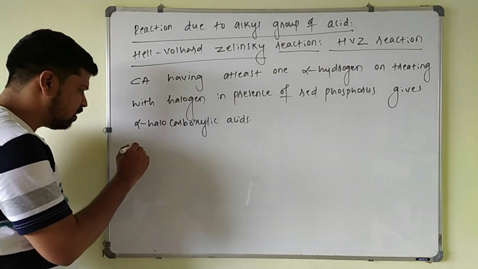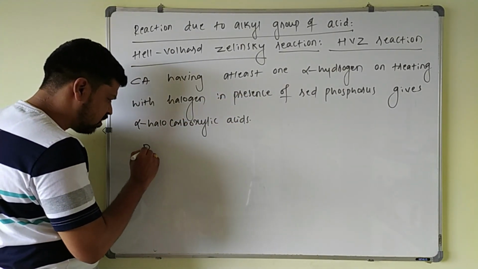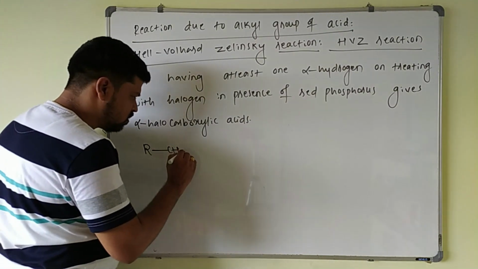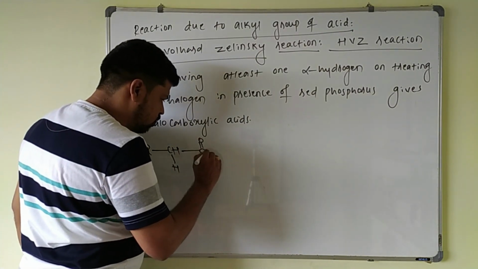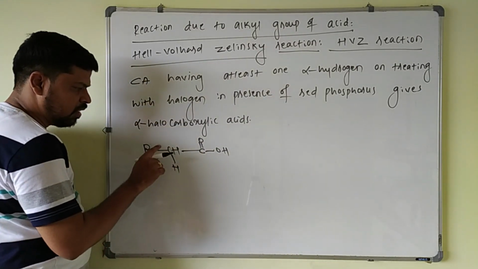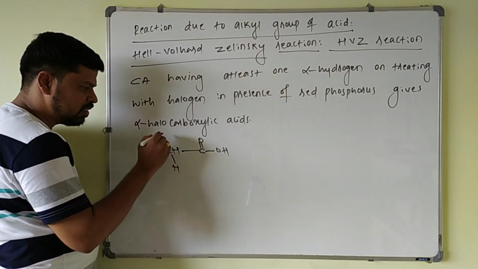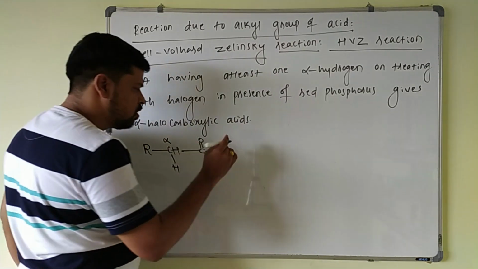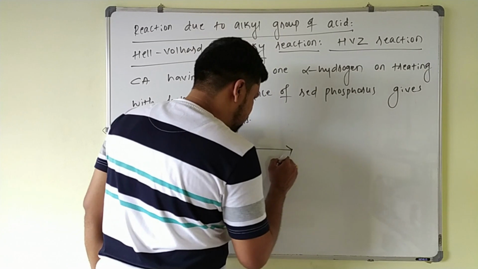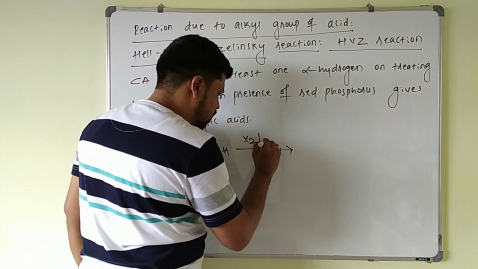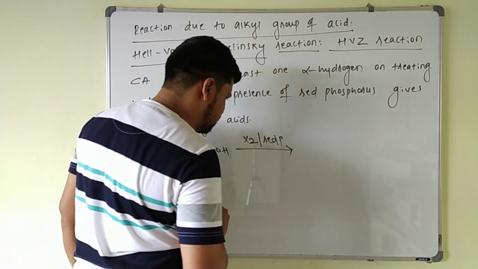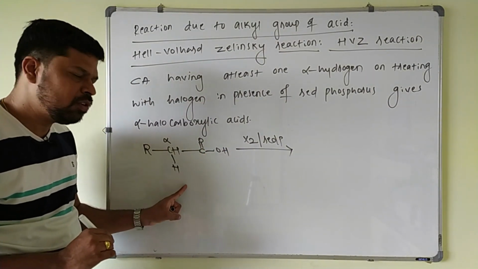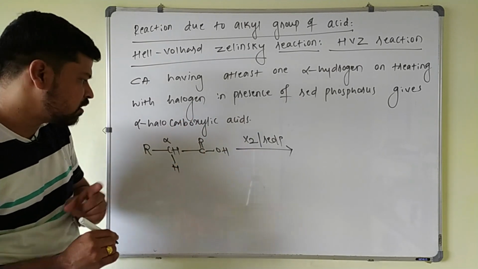That's it. So in general, if I take a reaction RCH2COOH, so the carbon which is connected to carboxylic group, this is your alpha carbon atom and this will be alpha hydrogen atom. So these acids on treating with halogen in presence of red phosphorus, this alpha hydrogen will be replaced by one halogen atom to give alpha halo carboxylic acid here.